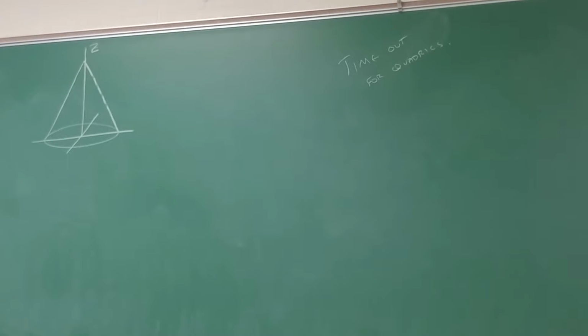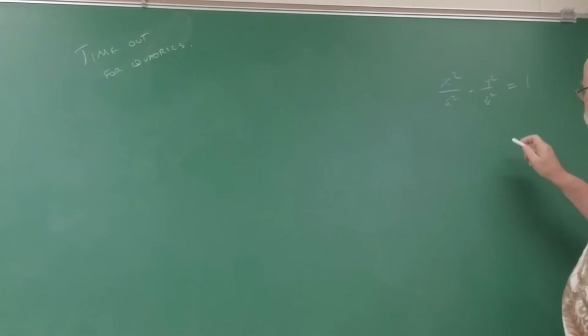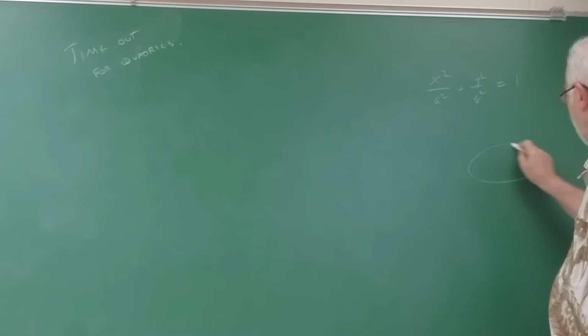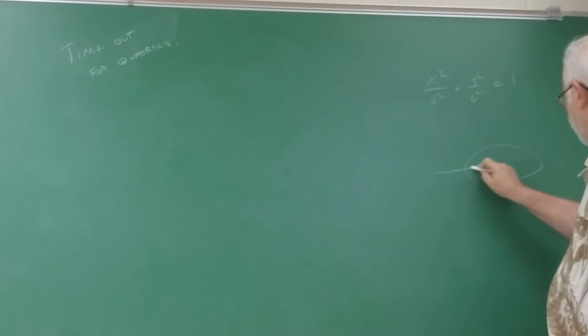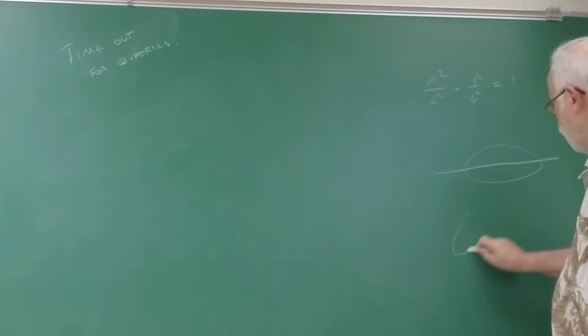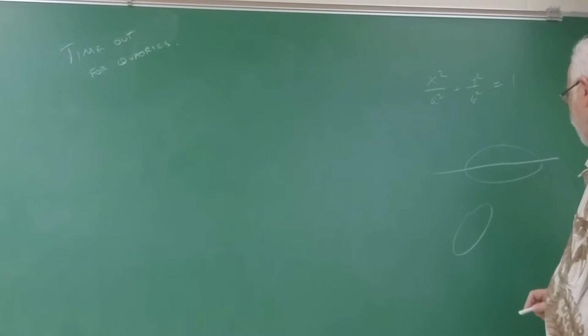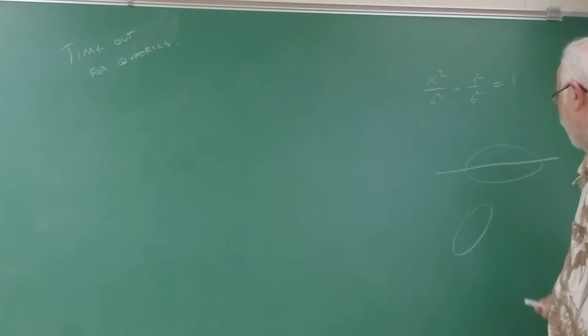How is that ellipse situated in the plane? Around the origin, on the X and Y axes. So I'm not doing this kind of ellipse, although it sort of looks like that.